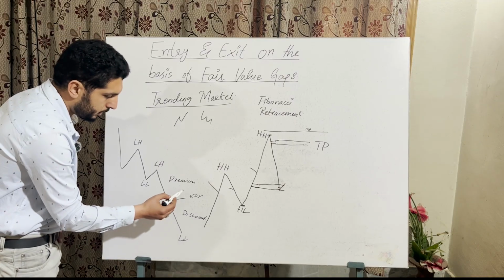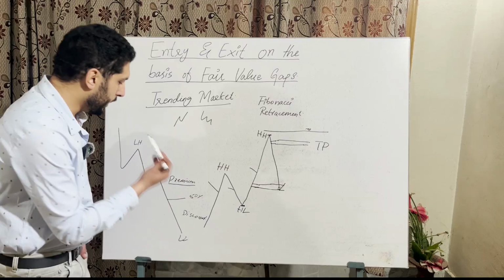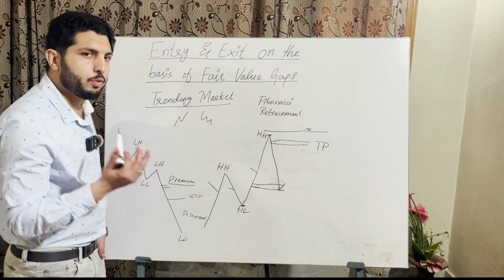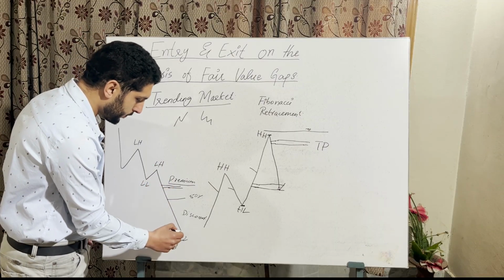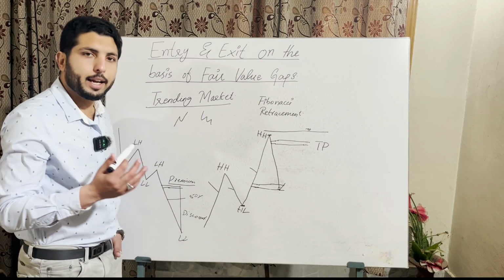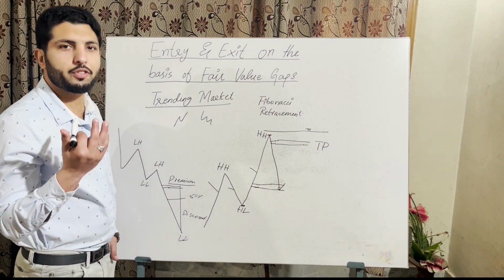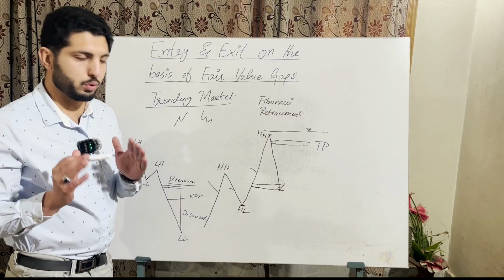Let's say the market retraces back to the premium area, and here we will look for fair value gaps. We will make sure that the market retraces back to this area and does not close above the fair value gap, otherwise it will be totally invalid for us to use.